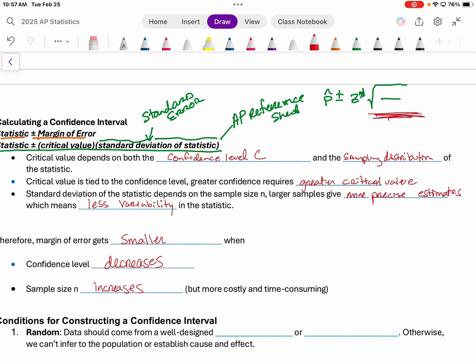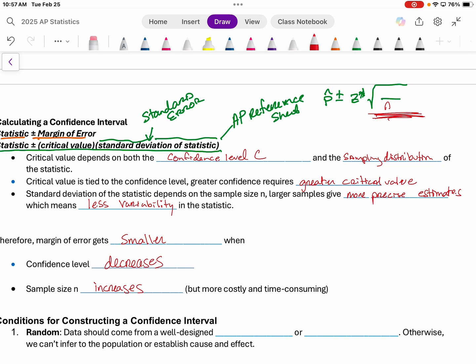And the reason goes back to what's inside the square root. I'll put it up there, but again, we'll talk about it more tomorrow. Underneath, at the bottom of that fraction, is my n. My sample size is in the bottom of the fraction. Just like in the last chapter when we were doing sampling distributions, if it was means, we did the standard deviation divided by the square root of n.